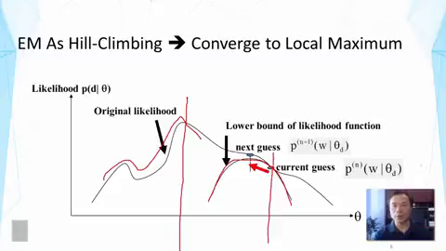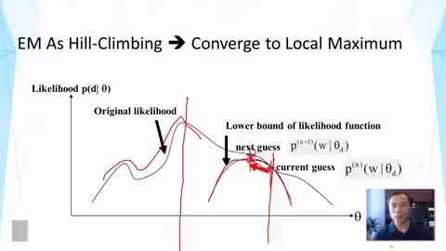So we know our current guess is here, and by maximizing the lower bound, we'll move this point to the top, to here, right? And we can then map to the original likelihood function and find this point. Because it's a lower bound, we are guaranteed to improve this guess, right? Because we improve our lower bound, and then the original likelihood curve, which is above this lower bound, will definitely be improved as well, right?